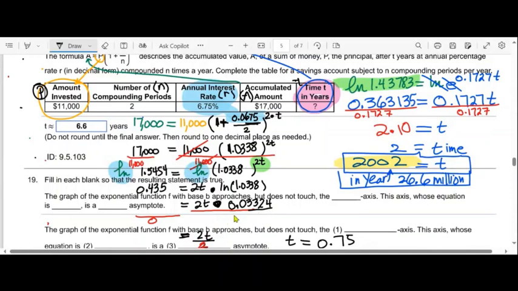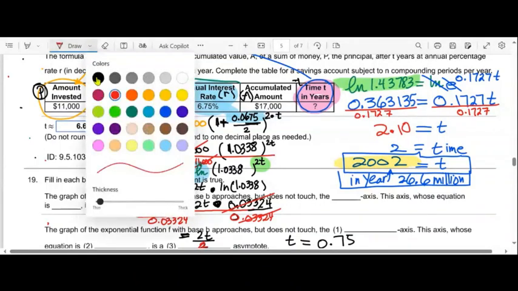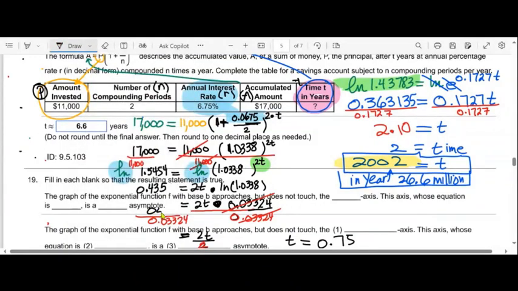Then what should I do to get rid of this number? I have to divide, correct? And what about this number here? We also have to divide. What's the value on the top? 0.435.